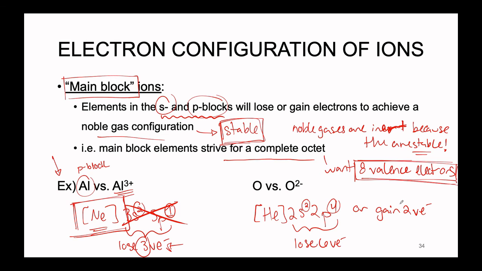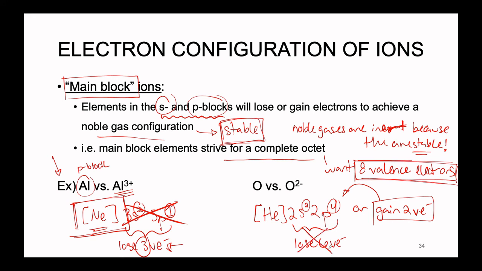So just like before, we are going to take the path of least resistance between losing 6, which sounds like an awful lot of work, or gaining 2, because there's only 2 additional electrons we have to add. We're actually going to follow this path of least resistance. We are going to gain 2 electrons and slap that onto our configuration as opposed to losing 6.